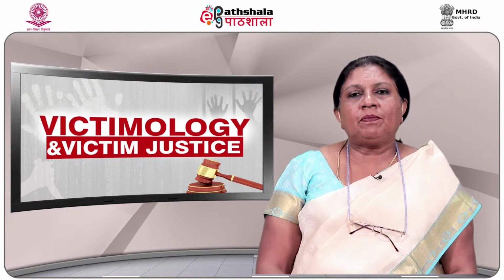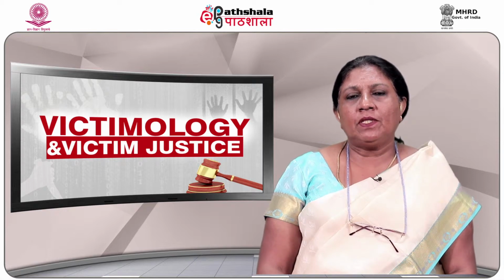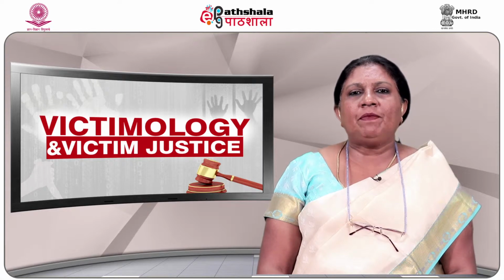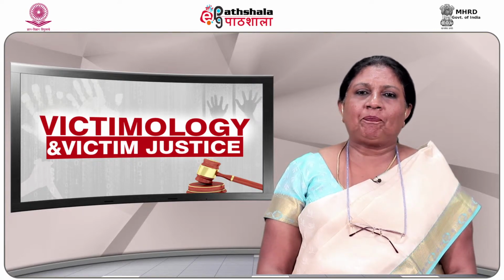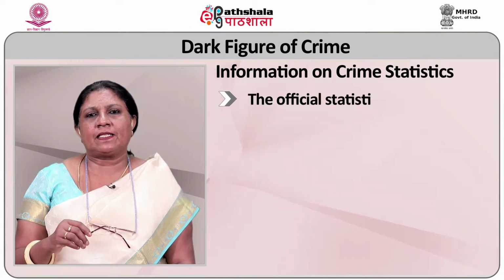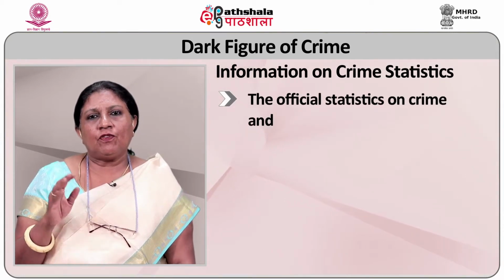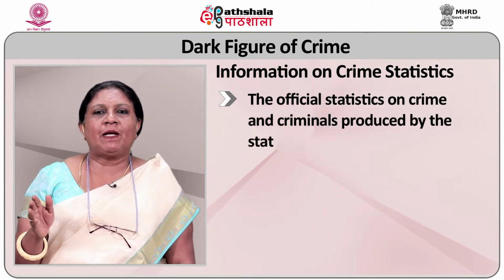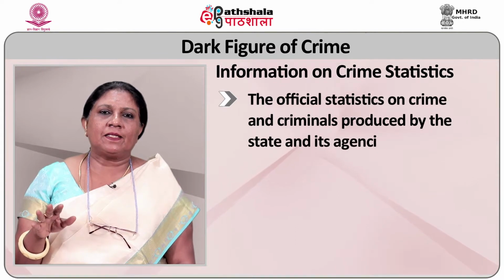So, the dark figure of crime is a term that was used by criminologists to describe the amount of unreported crime. There are two different types of information on crime statistics. First is the official statistics on crime and criminals produced by the state and its agencies.